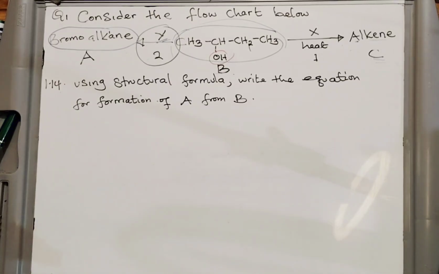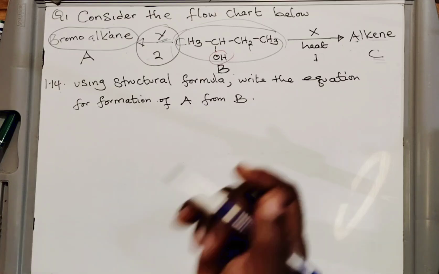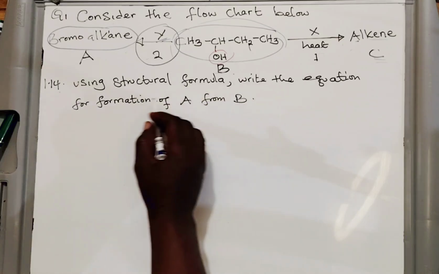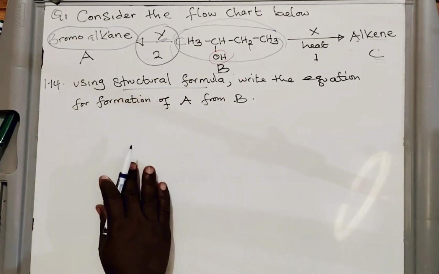Then comes this question. It says, using structure formula, write the equation for formation of A from B. Okay, what's the equation? First of all, they are saying that we're using structure formula.